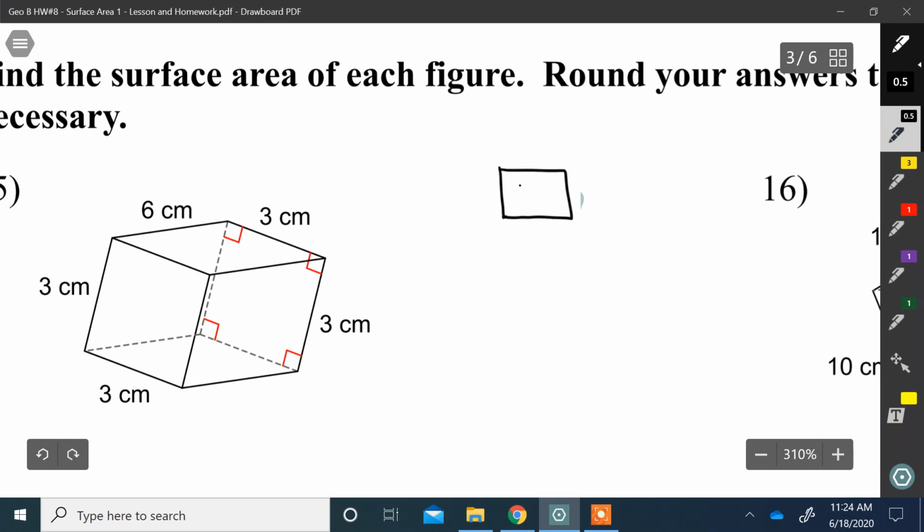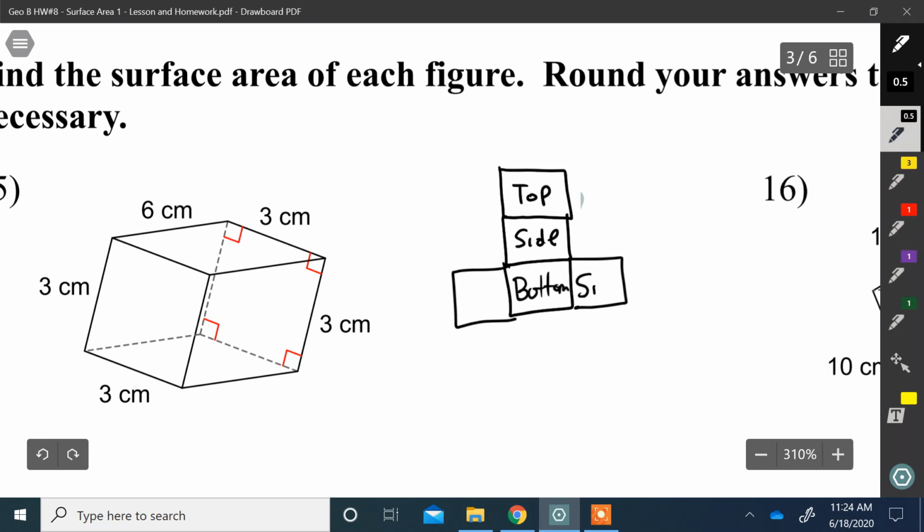There will be a top, there will be a side, the back, the bottom, then there will be the side, another side right there, and then there will be another side.